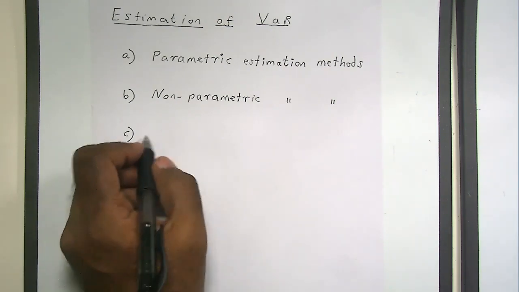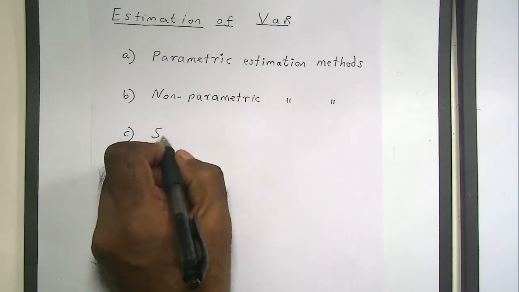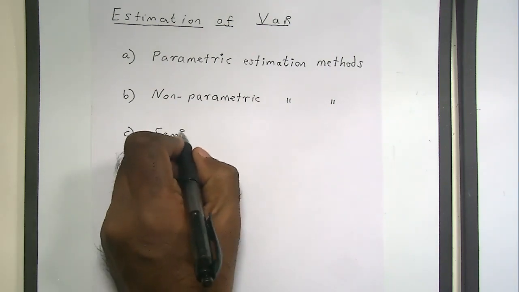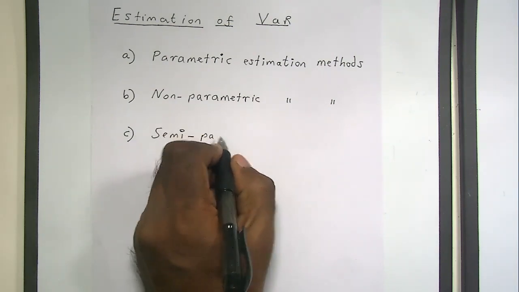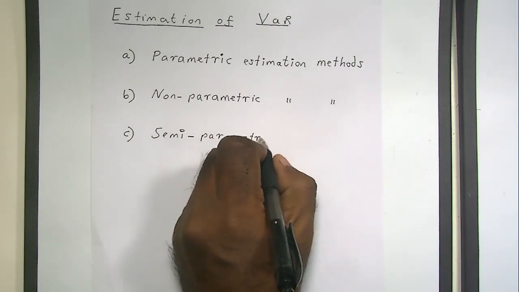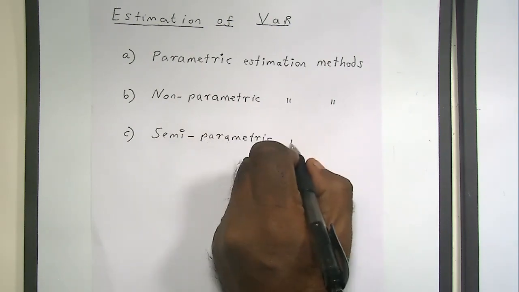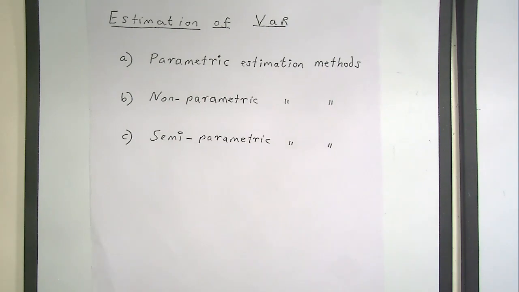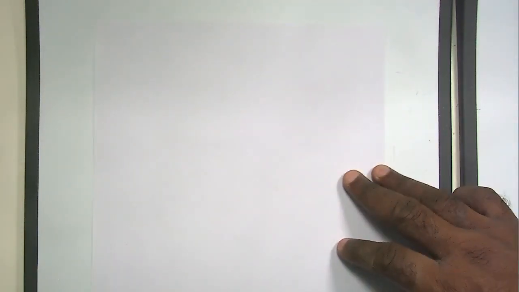The third one is semi-parametric estimation methods. So these are three sets of methods I will talk about, not today, but I will start with the first one today. And then we will see how far we get.